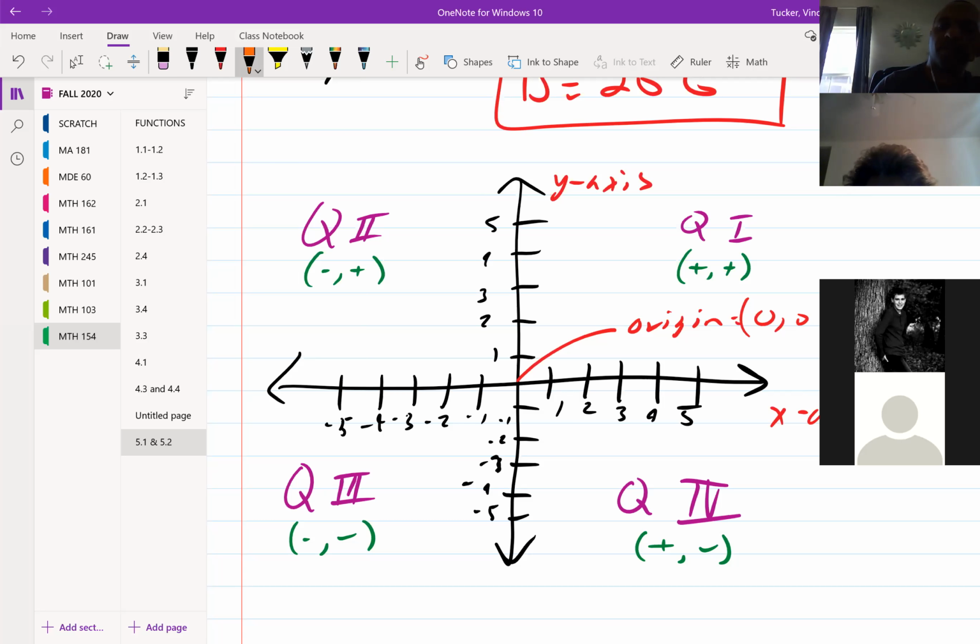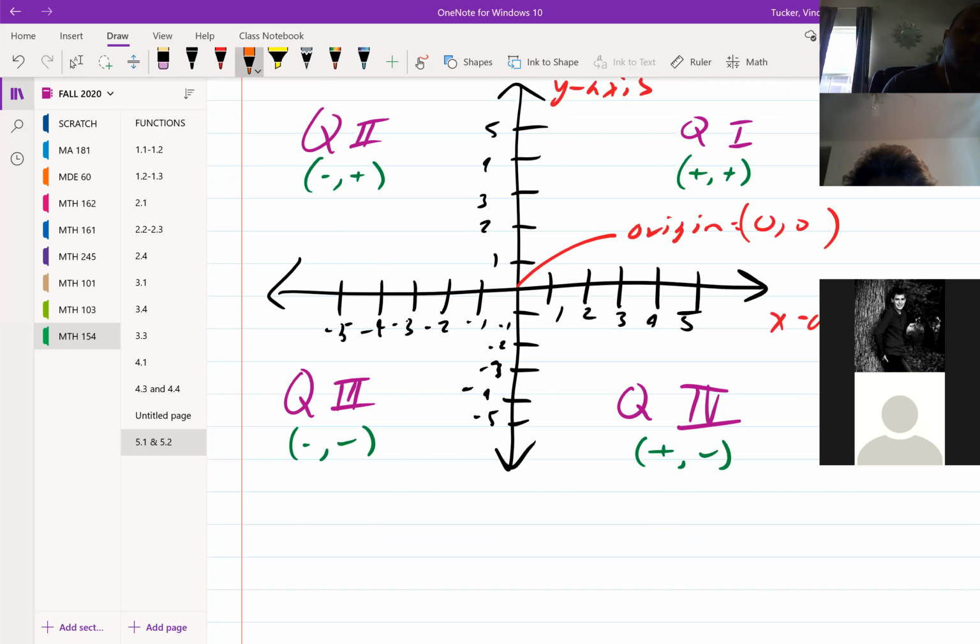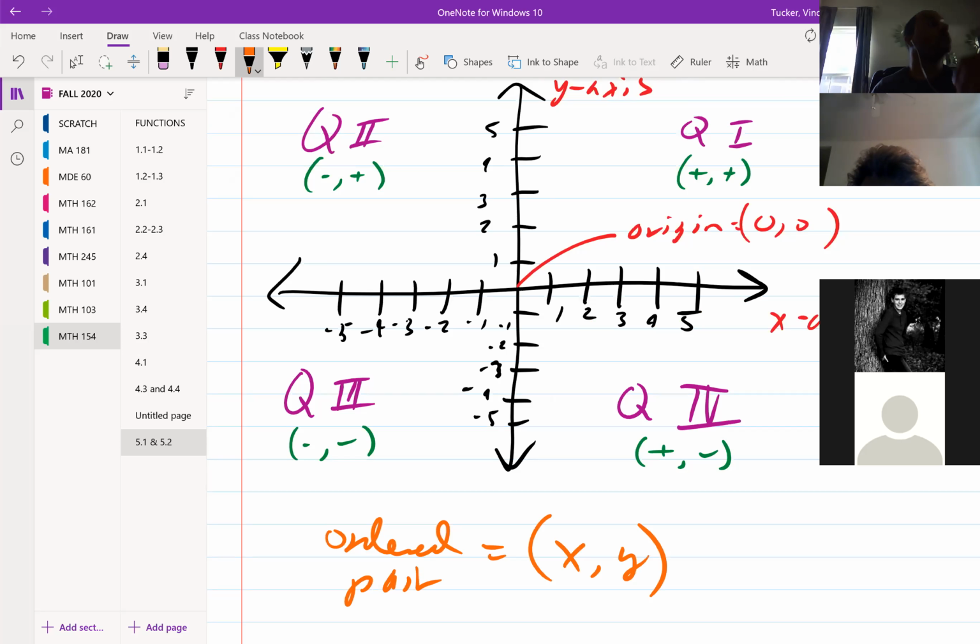Also, you will be graphing by what we call ordered pairs. Called ordered because your order matters. X comes before Y. Horizontal move first, then your vertical move. They actually touch on this more in the next homework assignment in 5.2. They actually ask you to plot specific points.